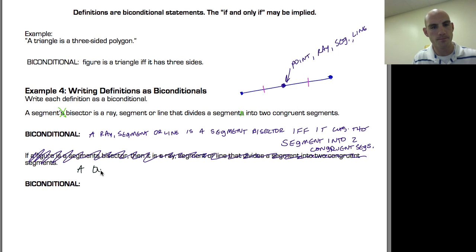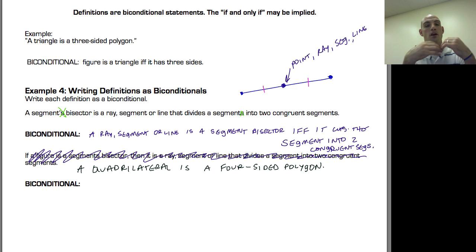A quadrilateral is a four-sided polygon. Okay? So in general, there's two pieces, four-sided polygon and quadrilateral. You can look back to these last two examples and see how to do that, but go ahead and write a biconditional using if and only if.